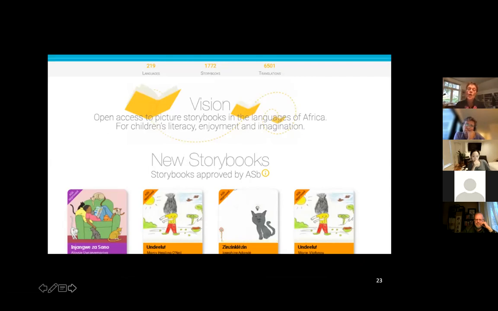There are over 200 African languages, as well as English, French, and Portuguese. There are now over 2,000 storybooks and over 7,000 translations. So it's a remarkable resource for parts of African communities which don't have access to papers, to books, to storybooks, but they may have one cell phone that they can utilize in their classrooms and project on a sheet on a classroom wall.